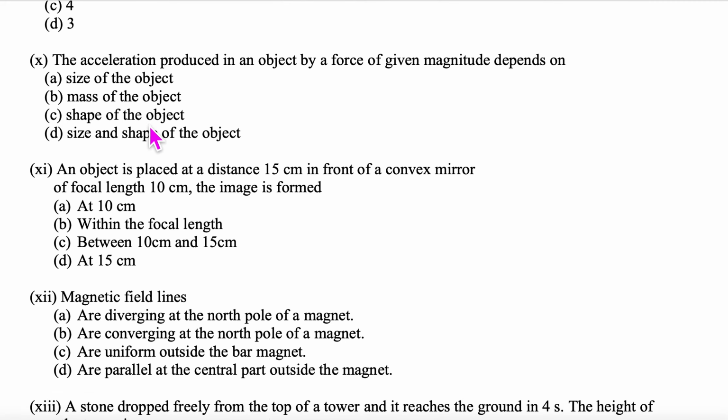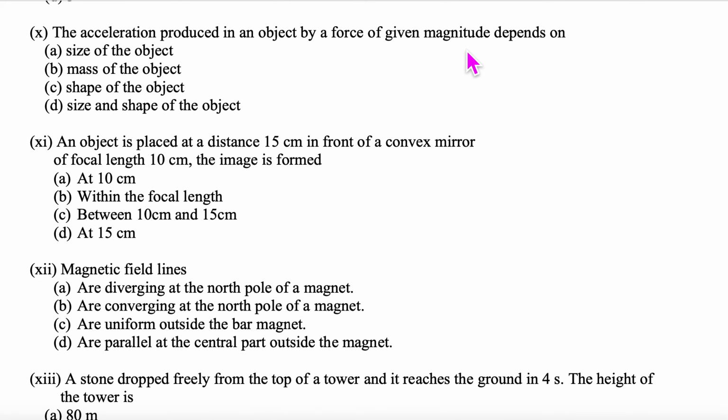The acceleration produced in an object by a force of given magnitude depends on size of object, mass of object, shape of object. Now here for this, force and acceleration, they are telling you. Ma'am, it should be mass.